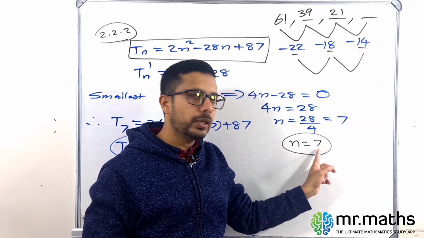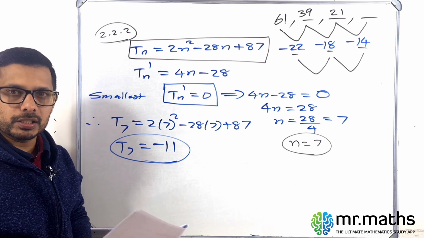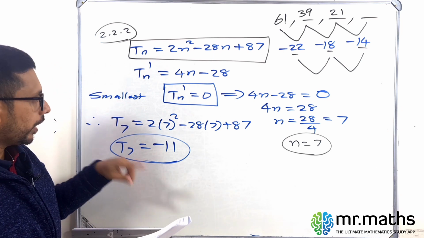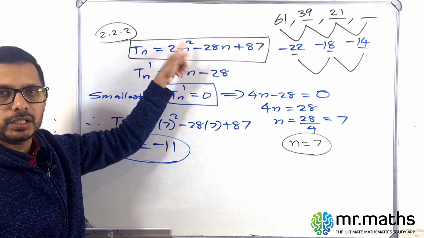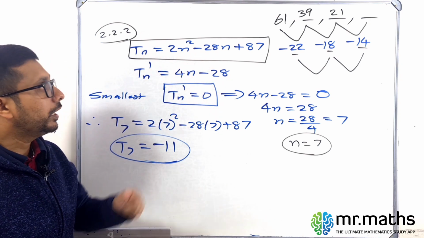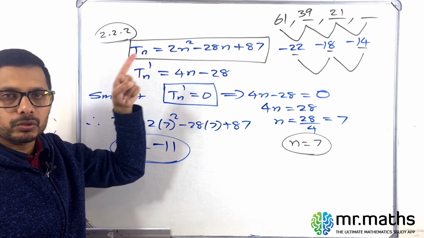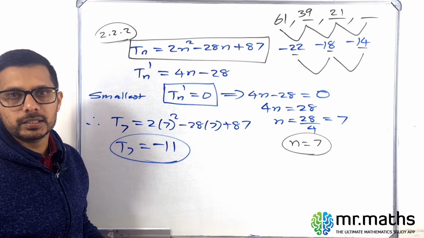To find that 7th term, we substitute n as 7 in the expression, and we got minus 11. So in that quadratic series, the smallest term is minus 11.